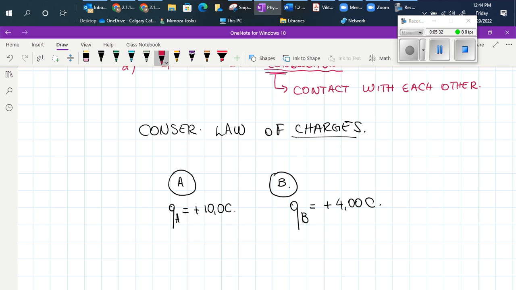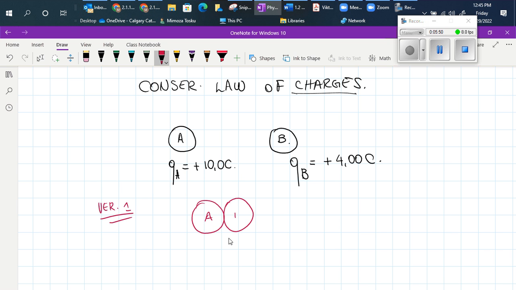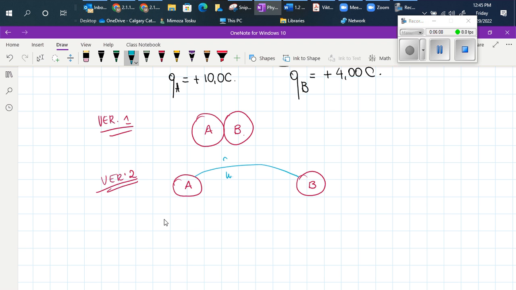Now they are either in contact with each other, version 1, or version 2, at the original positions, sphere A and sphere B connected with a conducting wire, which is the same thing.